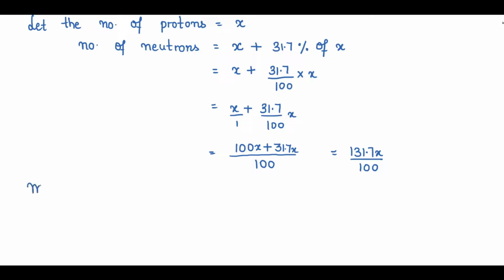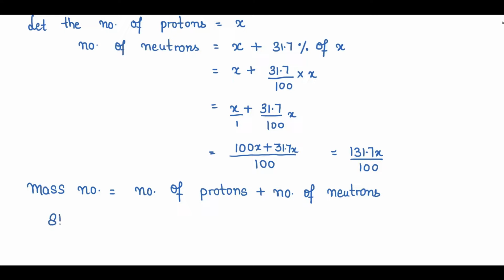Let's see our relation. Mass number equals number of protons plus number of neutrons. Now mass number is 81, and number of protons we are assuming x, plus number of neutrons, these are 131.7 by 100 x.